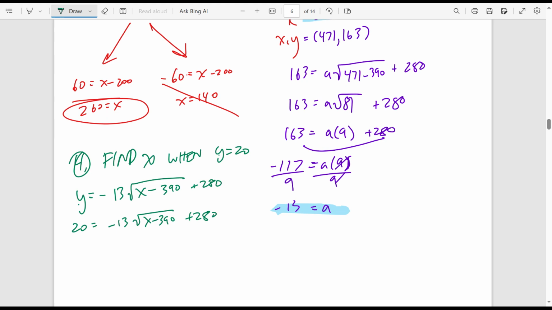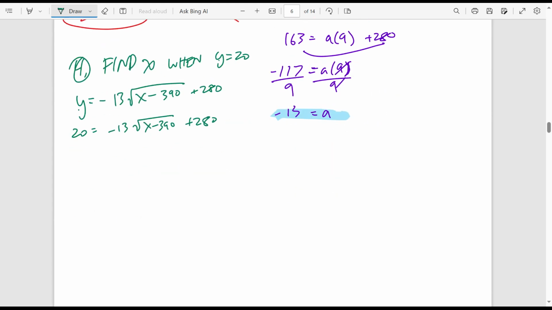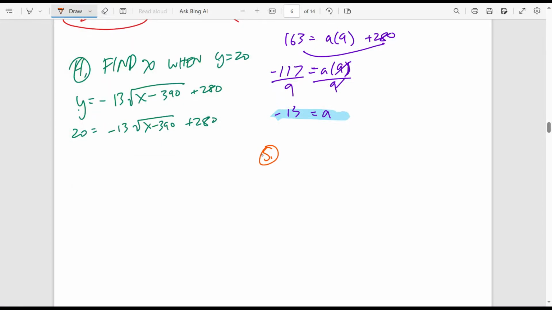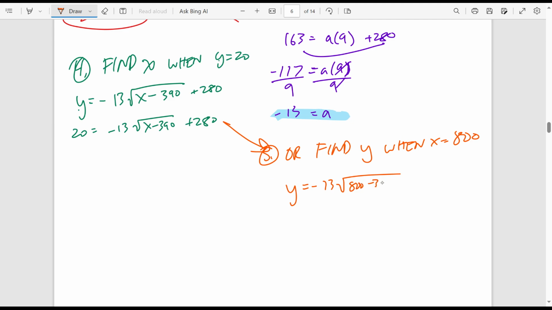You're right. So the options were find x when y is 20, or, I'll just say step 5, find y when x is 800. And that one's going to be easier just because it's 800 minus 390.